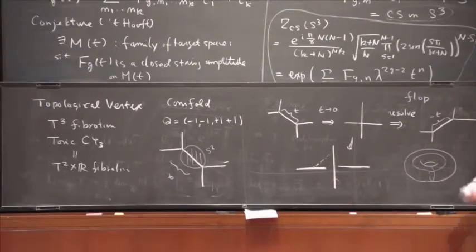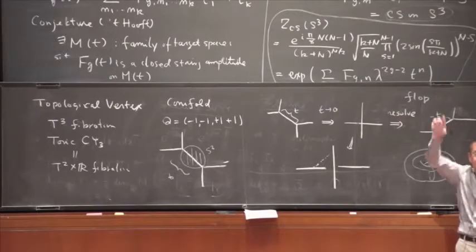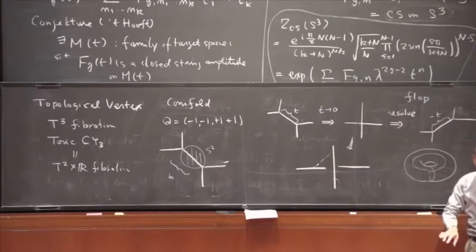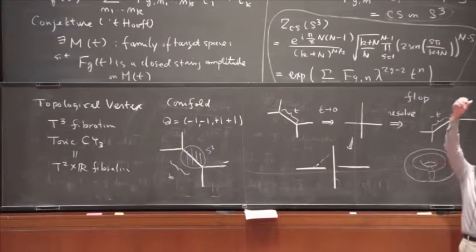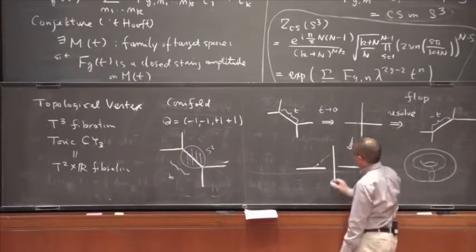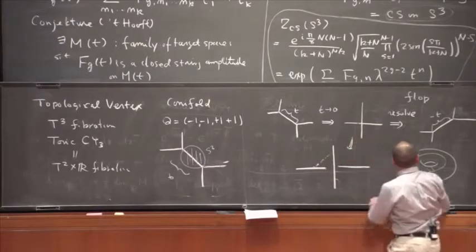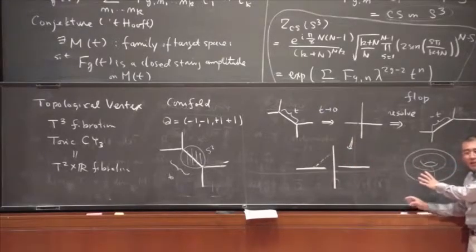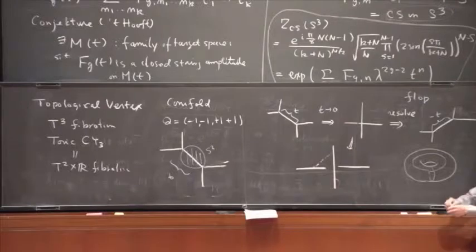So if you have R2 and another point at infinity, then one of the cycles shrinks to a point, and the other cycle shrinks to infinity. Okay? This shows that the geometry of S3 can be described as a T2 fibration where one of the cycles shrinks to a point in one direction, and the other cycle shrinks in the other direction.